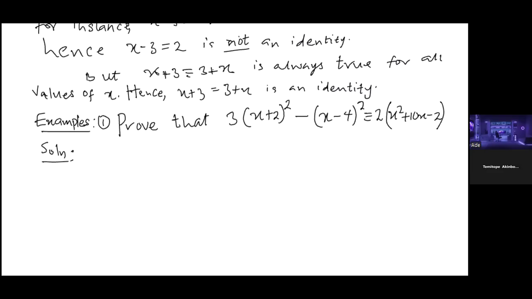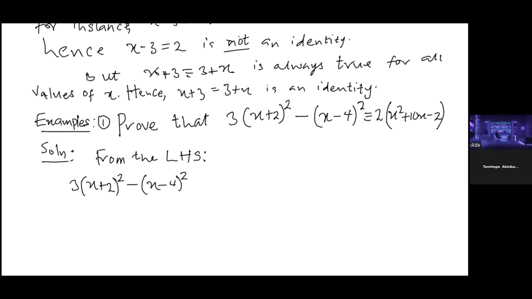Yes, sir. So it's easier to pick it up from the left-hand side. So from the left-hand side, we have 3 into x plus 2 raised to the power of 2 minus x minus 4 also raised to the power of 2.